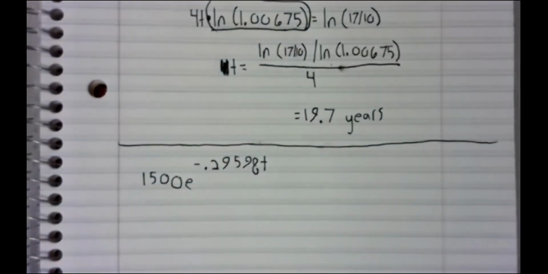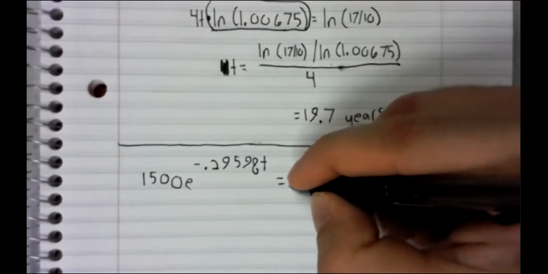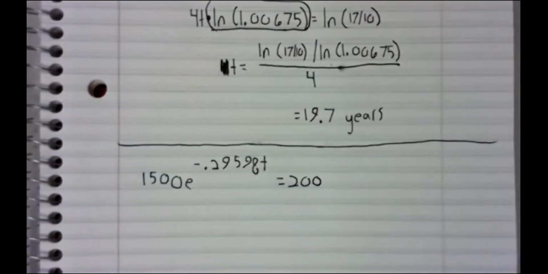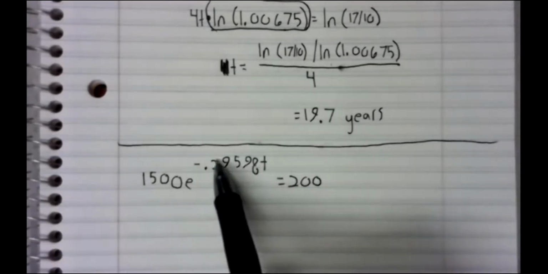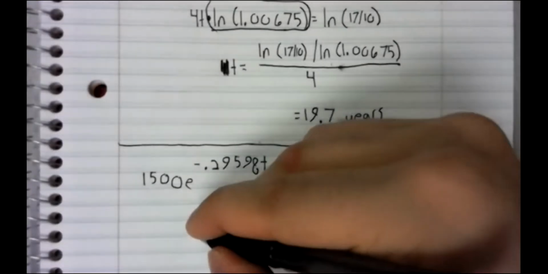This exponential represents population. We want to know when the population is 200. So once again, we're going to have to take a logarithm, but we don't want to as long as we have this multiplication.